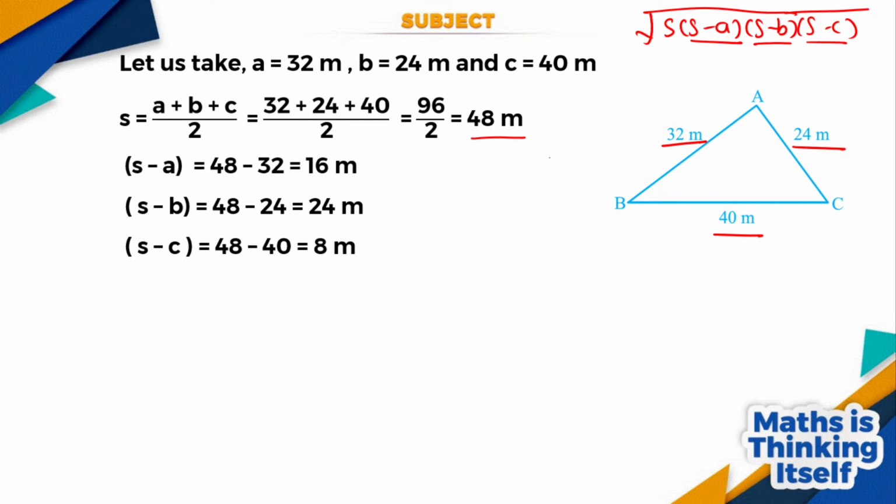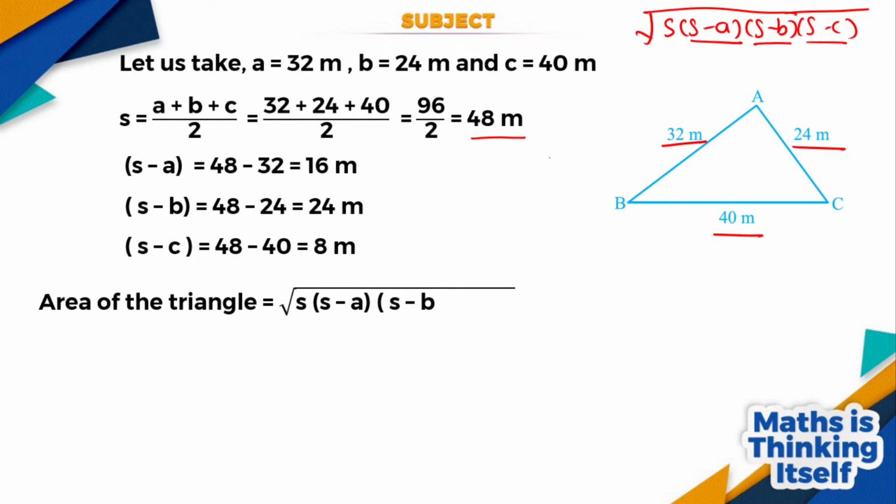After calculating it, we apply Heron's formula, that is area of triangle is equal to the square root of S multiplied by (S minus A), (S minus B) and (S minus C). Now we substitute the values: S is 48, S minus A is 16, S minus B is 24 and S minus C is 8.